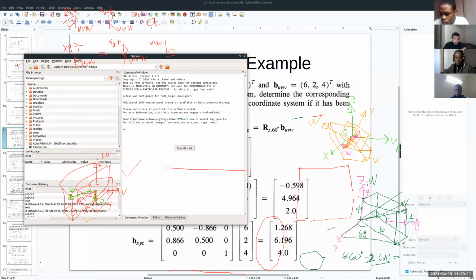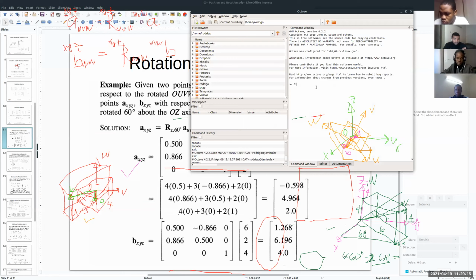Okay, let's run Octave. So what is that? 6 times cosine of 60, minus 2 times cosine of 30.